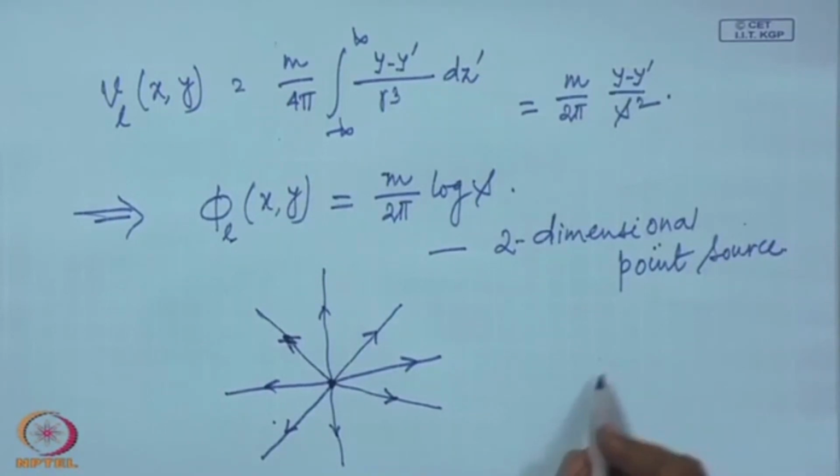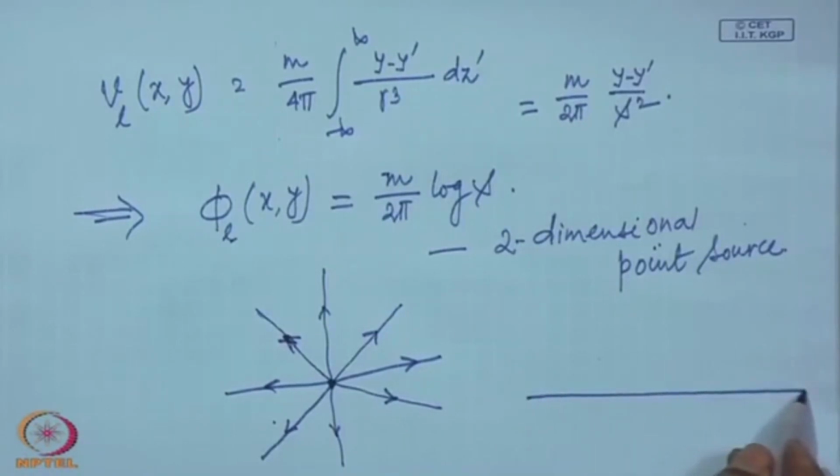Knowing this, can you say what will be the general shape of the streamlines for a point doublet in any axial plane?